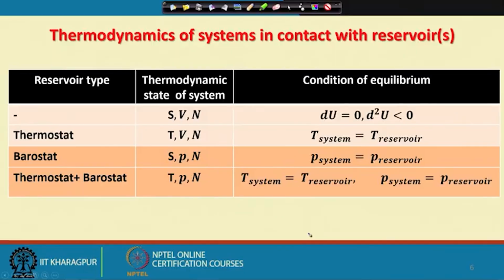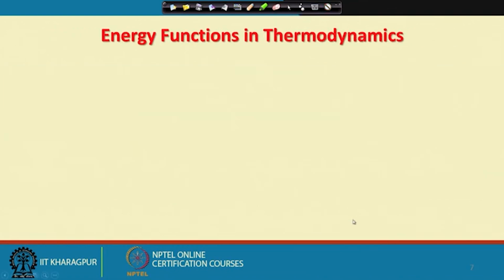Now, for the non-isolated systems, can we have such energy functions that will give us the condition of equilibrium entirely in terms of system properties? That is where we look for alternative forms of energy functions in thermodynamics.